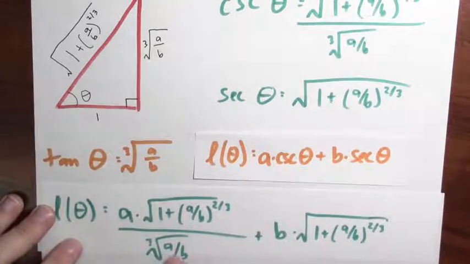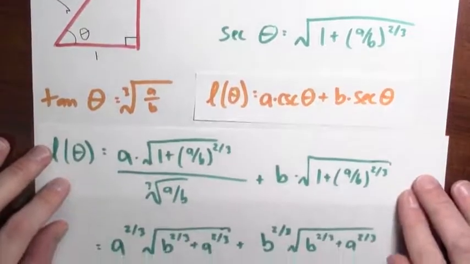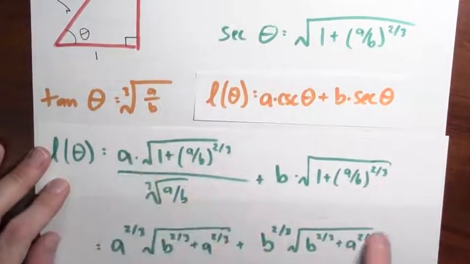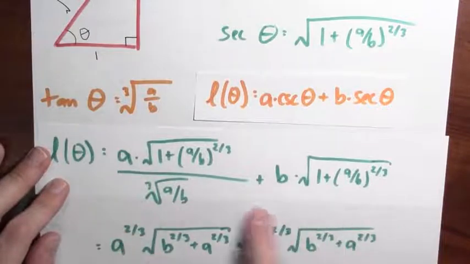I've got a dividing by the cube root of b in the denominator, which is as good as putting a b to the 2/3 power up here. And here I'm going to separate out this b to be a b to the 2/3 times b to the 1/3 and move that inside the square root. Well, the upshot is that this thing is in fact the same as this thing here.